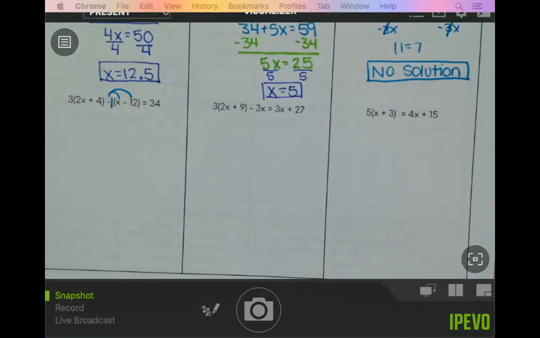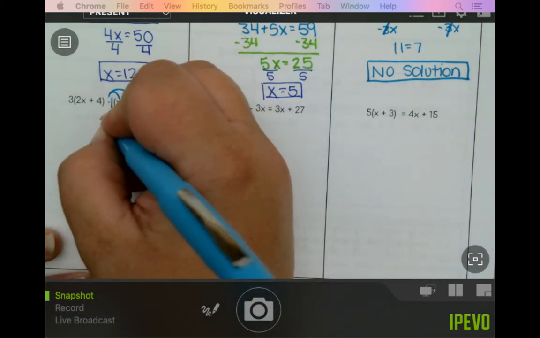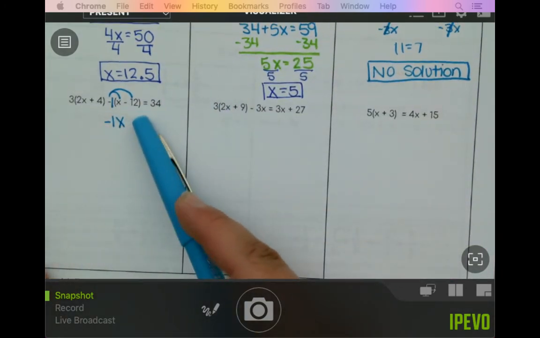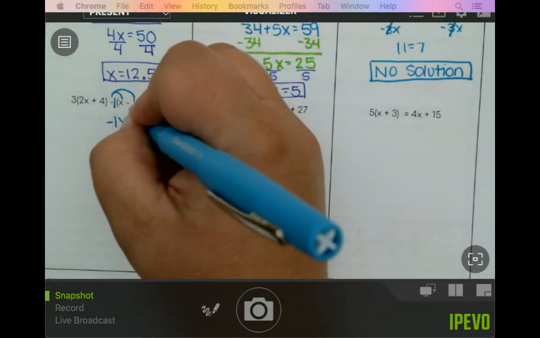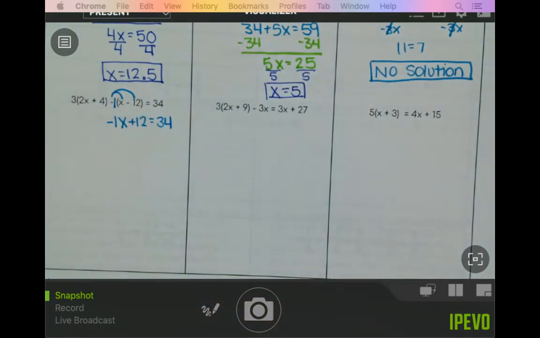Be very careful with that because what happens is that changes this into -1x, and -1 times -12 turns into +12. I feel like that could very easily be accidentally left a -12 by some of us.